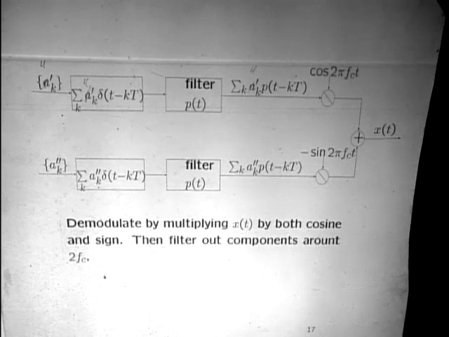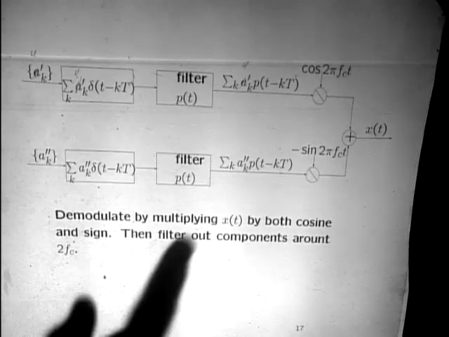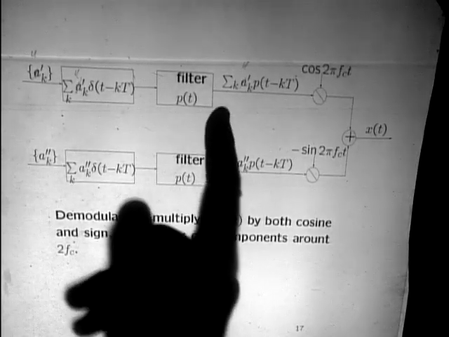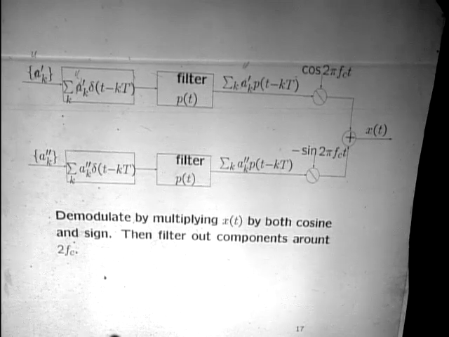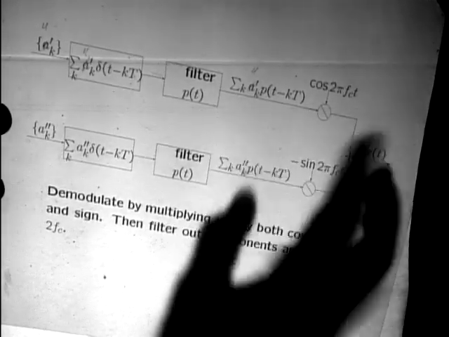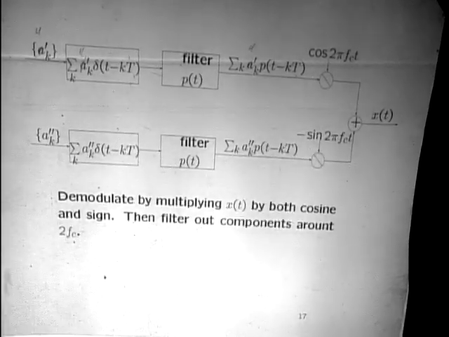Well, again, I'm sure you've seen it in one of the undergraduate courses you've taken, because if you take this waveform, which is the sum of this and this, and you multiply this by cosine of 2 pi f_c t, what's going to happen? Taking this waveform and multiplying it by a cosine is going to take this cosine waveform.